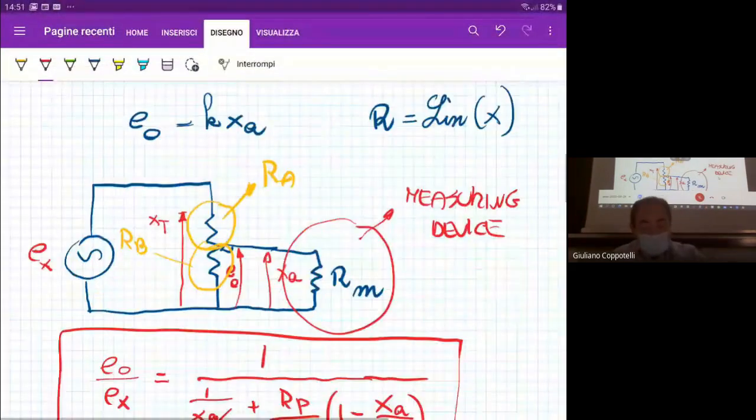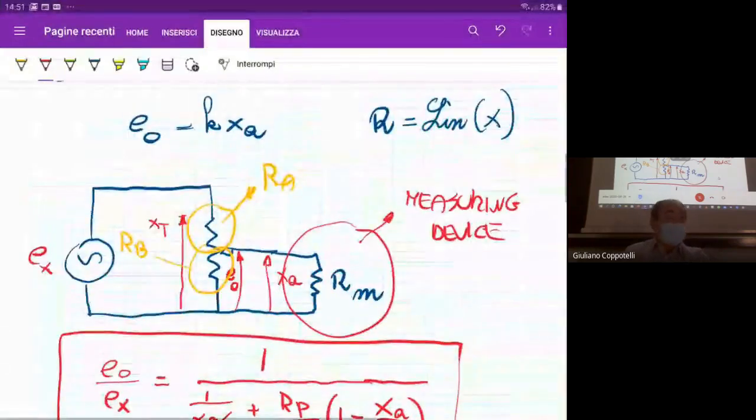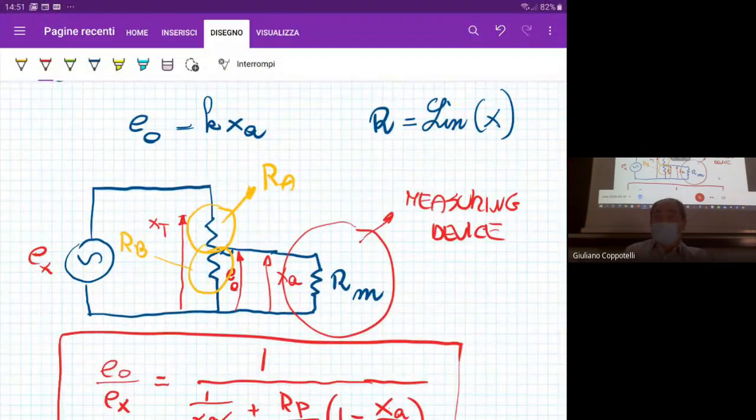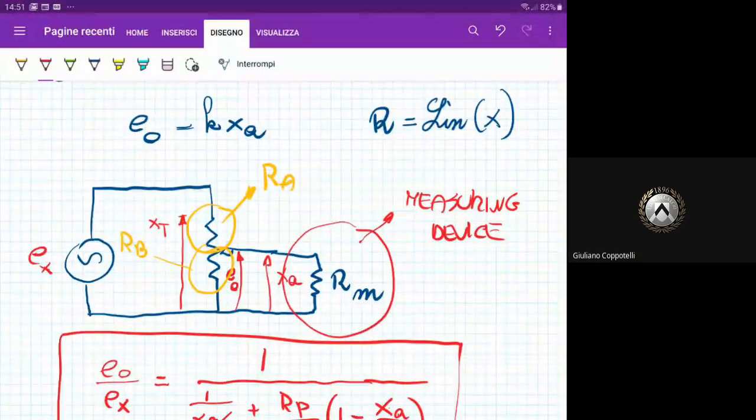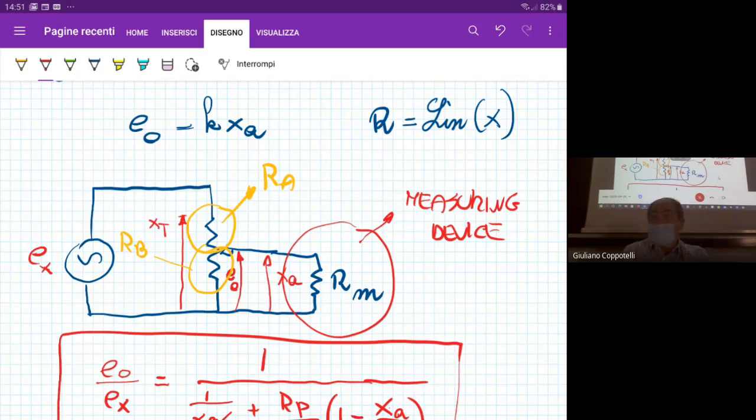The actual measuring circuit corresponds to the ideal one when the measuring resistance is much larger than the potentiometer resistance. Theoretically it should go to infinity. It should represent an open circuit at the measuring side.